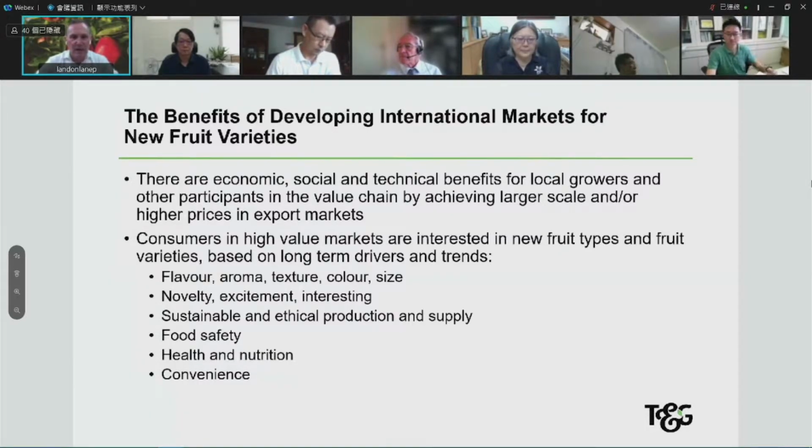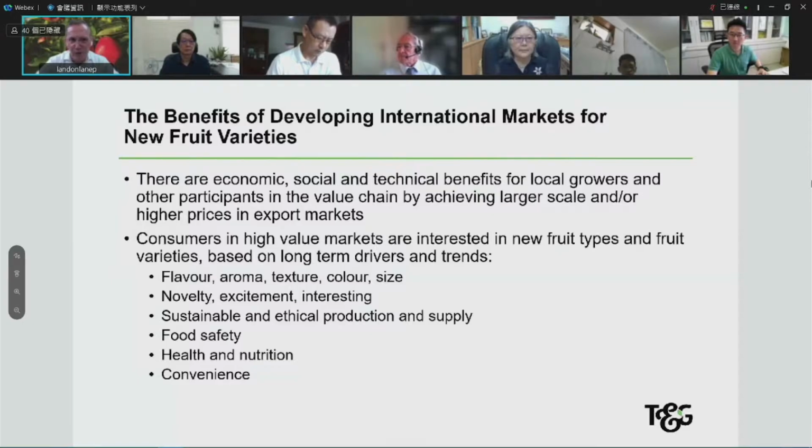The consumer's interest in new fruit types and new fruit varieties is based on long-term drivers or trends for consumers. They're looking for flavour, aroma or smell, texture, the mouthfeel of eating a new food product, colour, size.